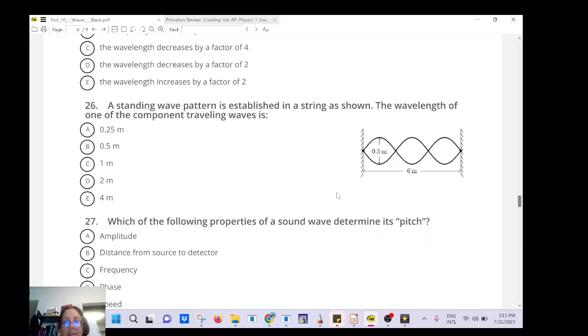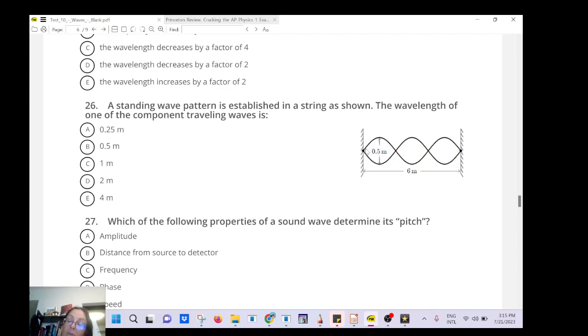Number 26. So it's standing waves, right? So this is 6 meters, and this is 1/4 of a wavelength, right? So you have 1/4 of a wavelength, 1/4 of a wavelength, 1/4 of a wavelength.